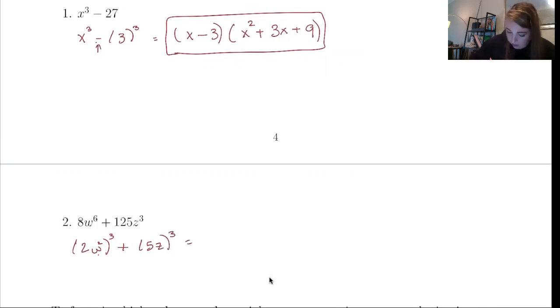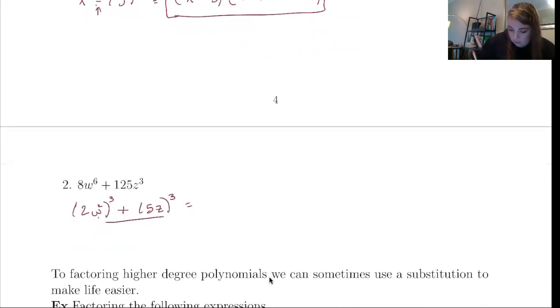I really like writing it like this because it solidifies what goes in each little pocket of the formula. So it's going to be 2w squared plus 5z.